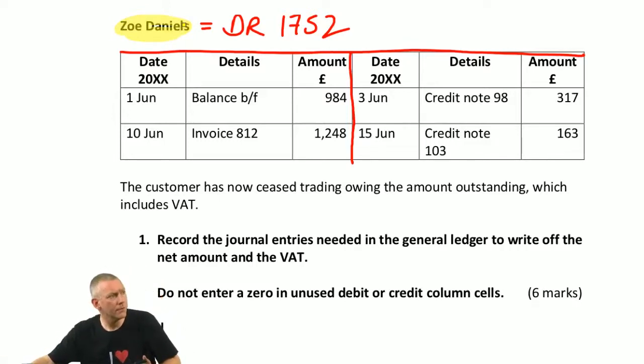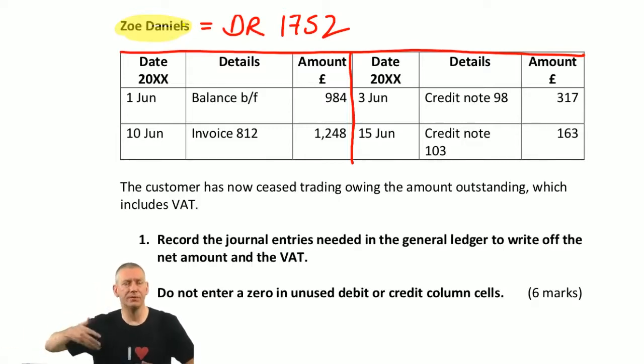But Zoe there, she's gone bust, and that balance, which is an asset balance of 1752, should be pushed down to 0. And the way that you remove a debit balance is with a corresponding credit balance.